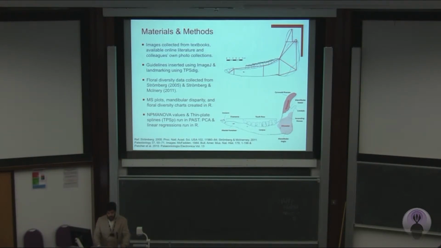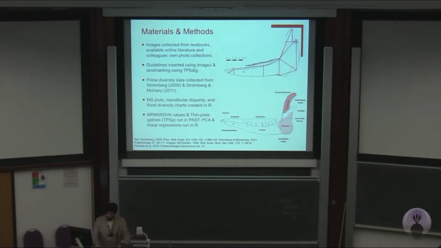Landmarks were put in TPSdig, and most of our analyses were run in either R or PAST. Our landmarks were chosen to capture muscle attachment areas: these ones capture the masseter, these the temporalis, these the depth of the corpus and perhaps hypsodonty, and these the symphysis, to see if we can identify the cropping jaws of grazers.